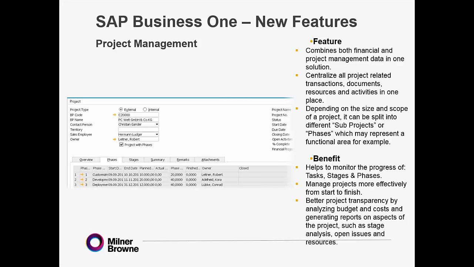You can see both the transactional data and the financial data in one area. So again, this is the beginnings of that new feature, but it will be expanding, I'm sure, as the months progress.